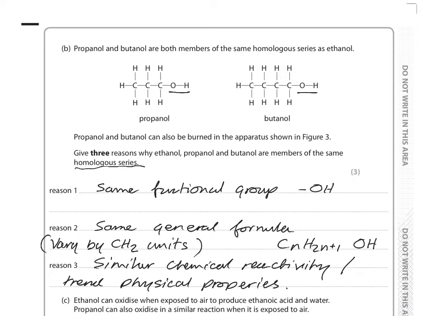Now it's not good enough to say that they're just 1 carbon longer, each one is 1 carbon longer. You need to say that they vary by CH2. So that was 1, 2, 3, 4, 5 ways that you could have said it, and any 3 of those 5 would get you the 3 marks.